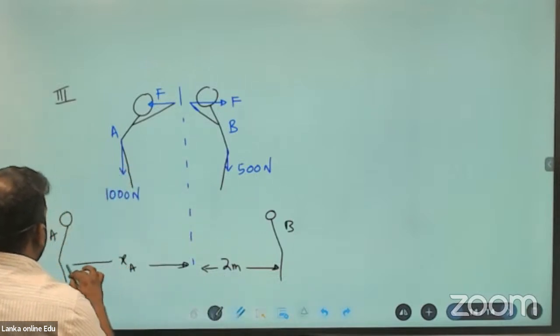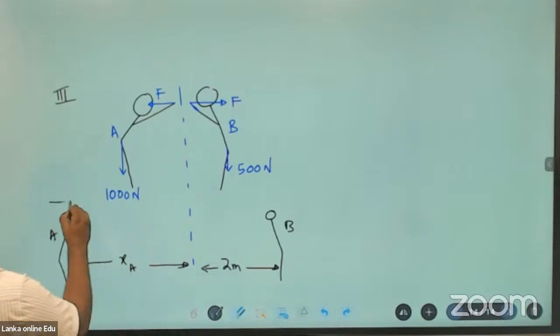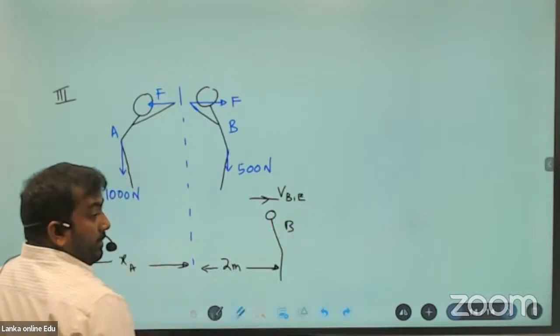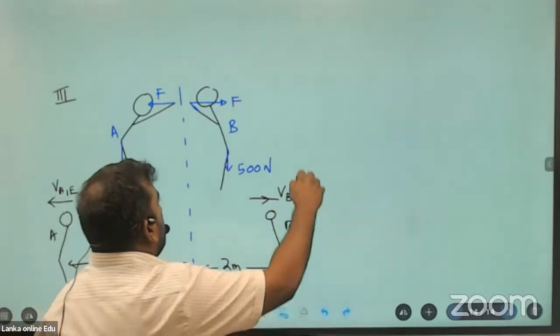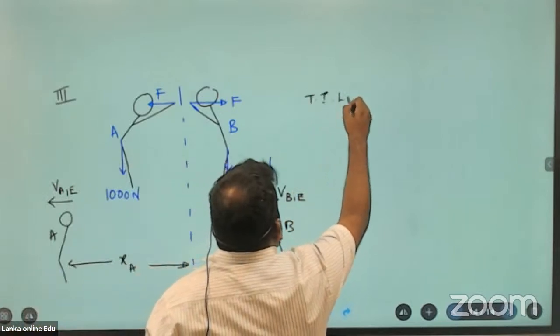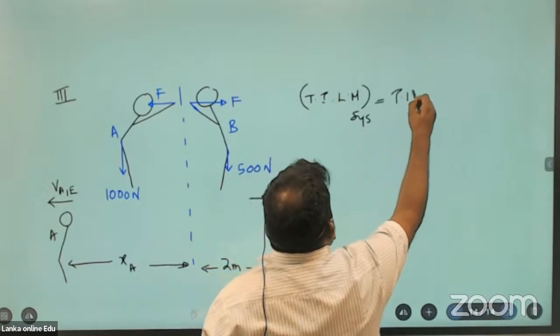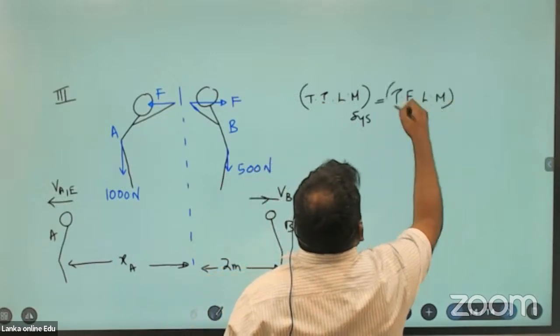Right. So don't forget velocity of A with respect to Earth, velocity of B with respect to Earth. Marks are given. Total initial linear momentum of the system equals total final linear momentum of the system.